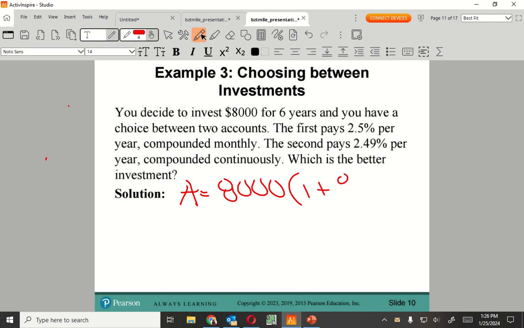There you go. 0.025 divided by, how often is this compounded? Monthly. Monthly, so that gives me what number? 12. Very good. So 12, raised to the 12 times, how many years? 6 years. All right, so plug this into the calculator now, please.